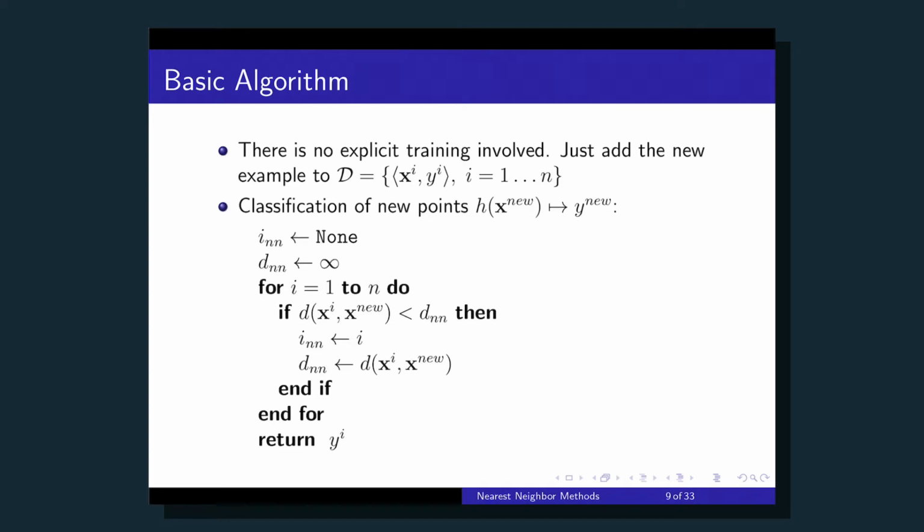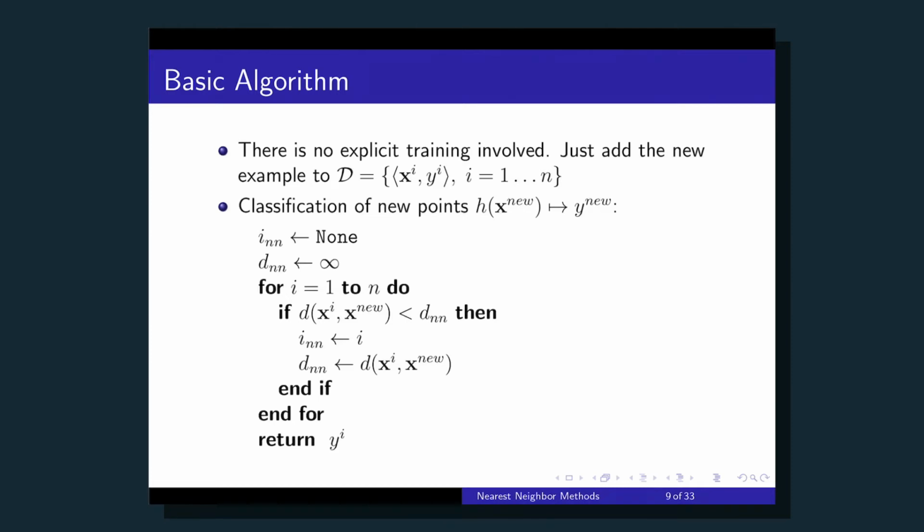Then for every point already in your data set, you calculate the distance of that point to this new point, and if that's less than the current distance of the nearest neighbor, which it will be for the first point, x superscript 1, since it will be a finite distance, then you replace the index of the nearest neighbor with the index of that point, and you replace the distance of the nearest neighbor with the distance of that new point.